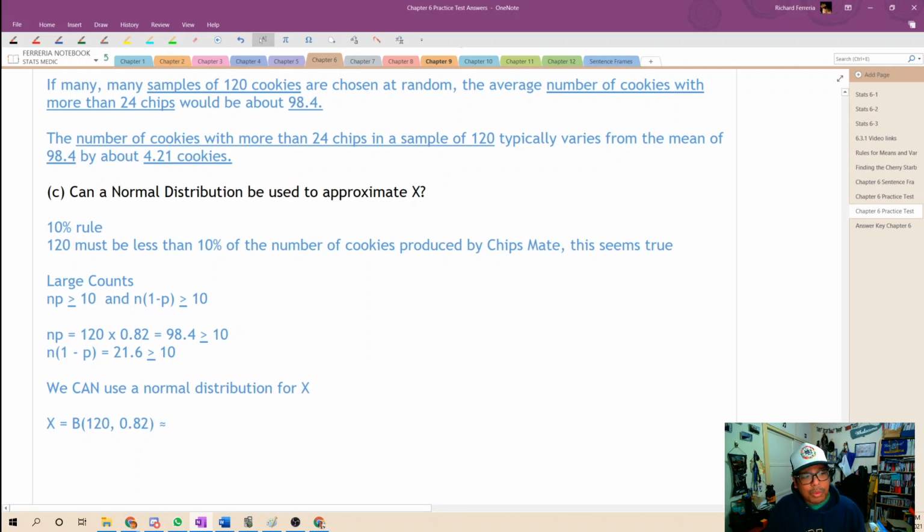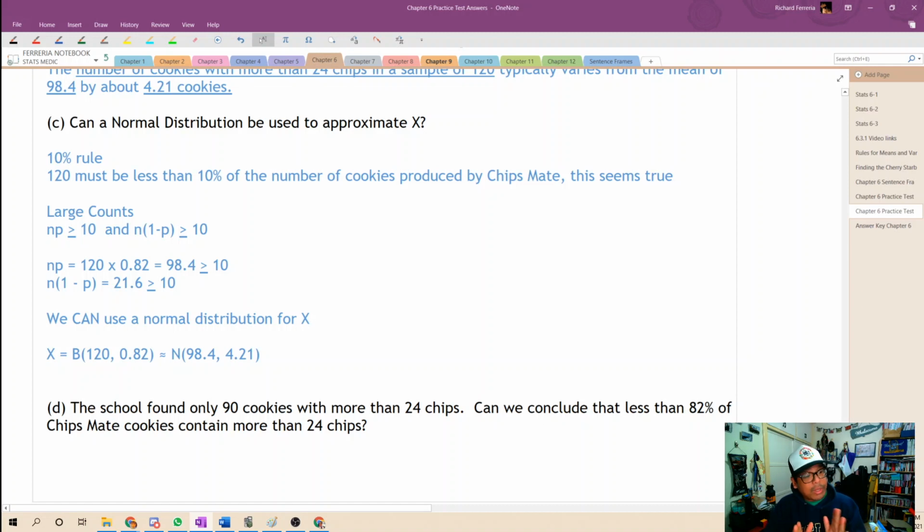But it's also approximately equal to a normal distribution with a mean of 98.4 and a standard deviation of 4.21. So the binomial is about equal to the normal distribution.